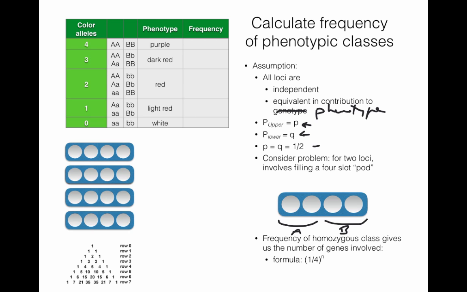And then in each one, we either put a large letter or a little letter allele. So it's the same for this one and for this one, and so on. They each can get one or the other allele in that position.